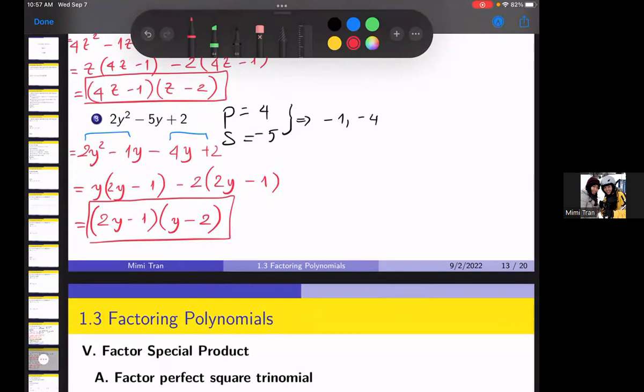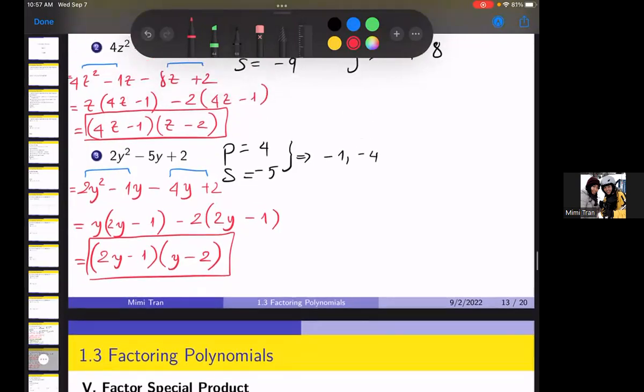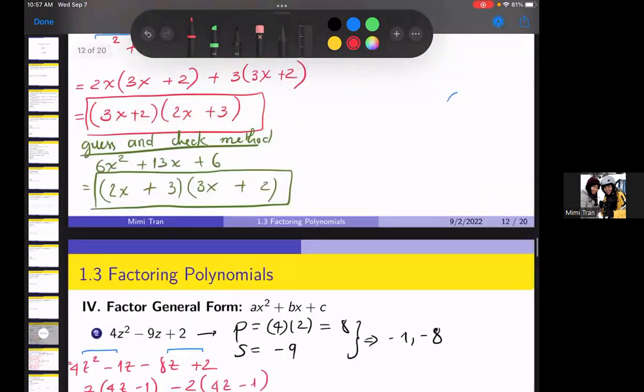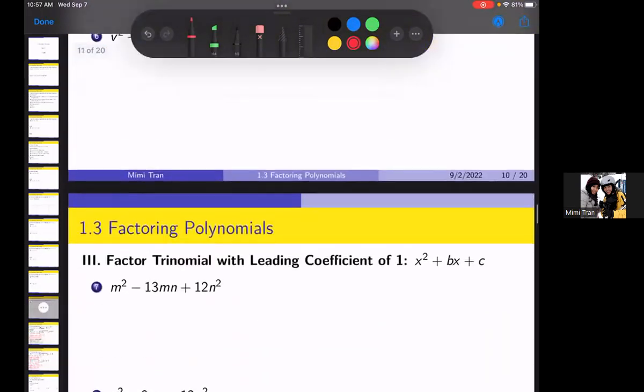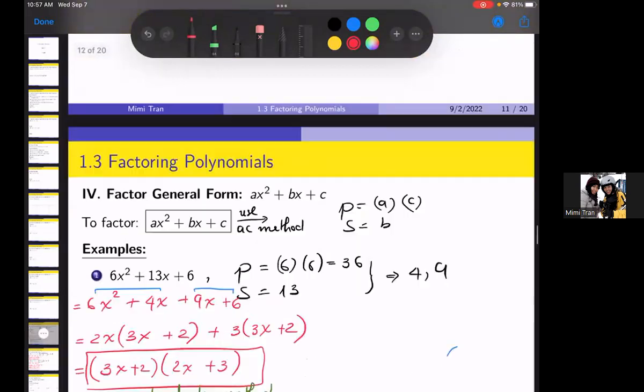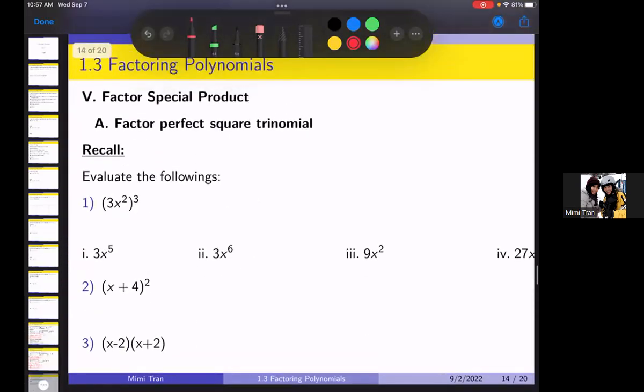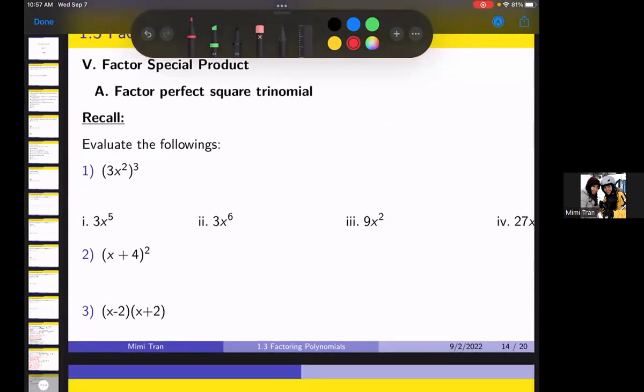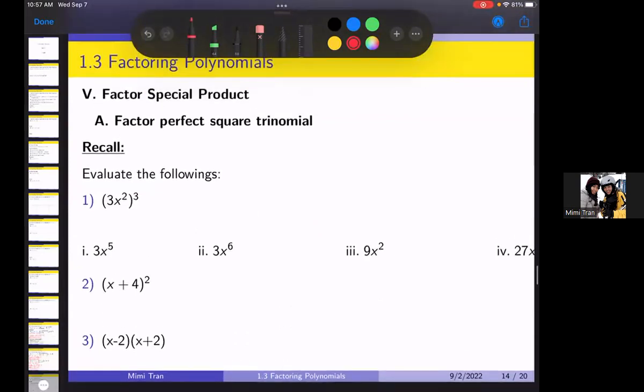It needs a little bit of practice. This is harder between the two. The general form versus the one with the leading coefficient of 1. Slightly harder. Okay, so factor with special products. I remember in my 8th grade, I learned a bunch of special products.